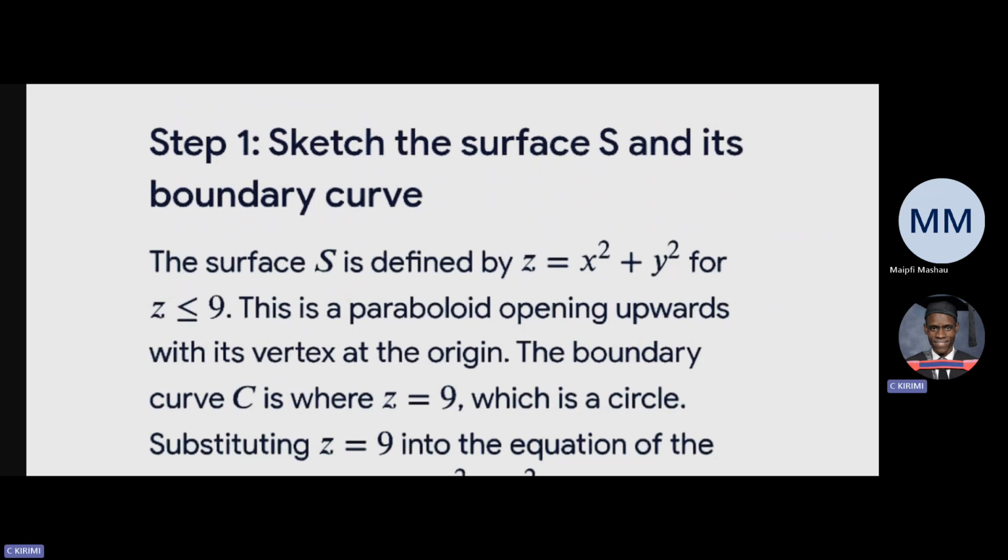But now, we have been told that Z, can you see the Z now? Z is less than or equal to what? 9. Z is less than or equal to 9. Can you see it? So what tells you if Z is less than or equal to 9? The orientation, it's facing what now?